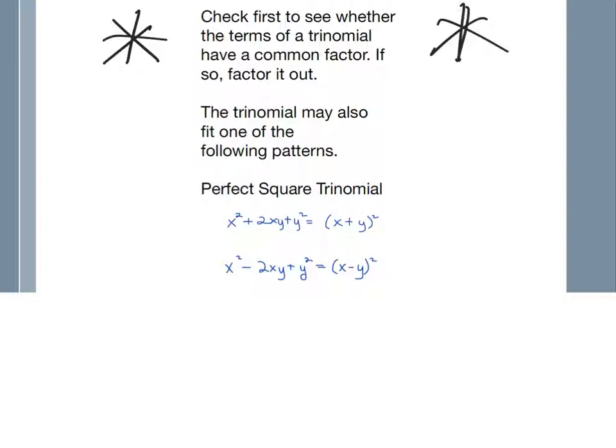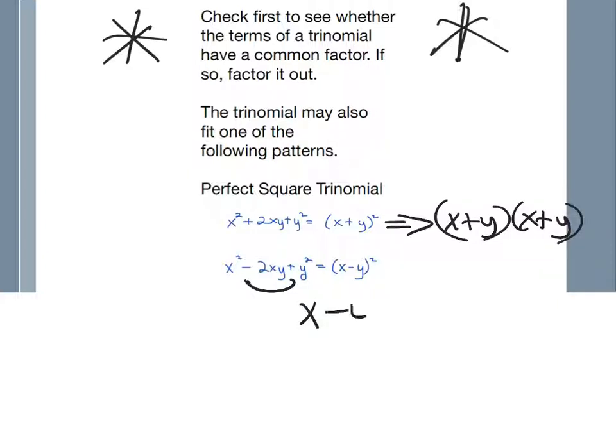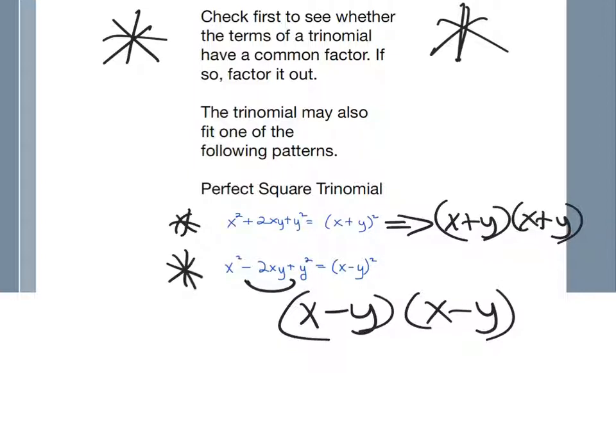So again, what I mean by this is the same thing as saying x plus y times x plus y, or if it's got a subtraction sign in the middle, x minus y times x minus y. Memorizing these patterns for the perfect square trinomials will benefit you later on, especially when you take the SAT. Being able to recognize the patterns will be very helpful. Pretty good so far? All right.